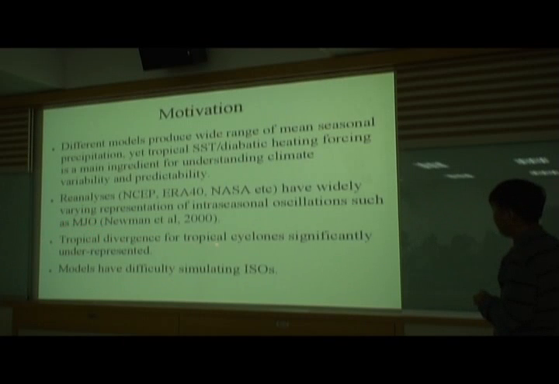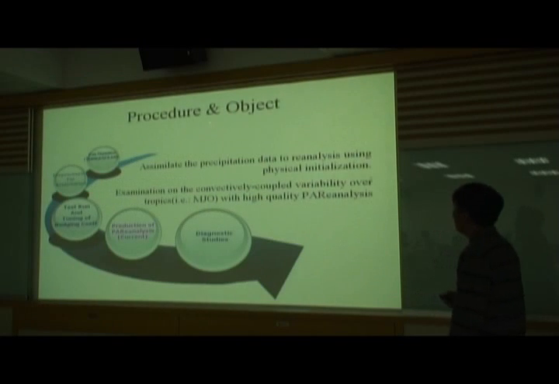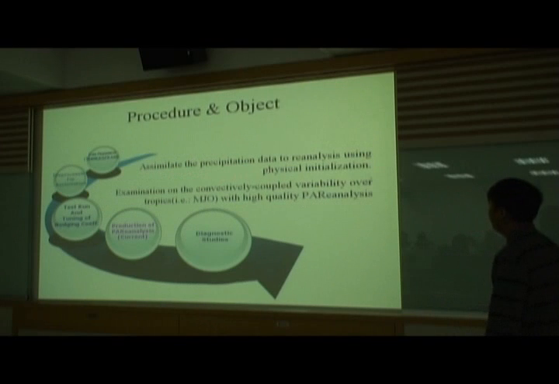And tropical cyclones are significantly underrepresented in reanalysis datasets. Others have difficulties in maintaining ISO. So our objective is to assimilate the precipitation data into reanalysis using a physical initialization technique and examine the convectively coupled variability over the tropics with the high quality PA reanalysis. We call our product the precipitation assimilated reanalysis, PA reanalysis.